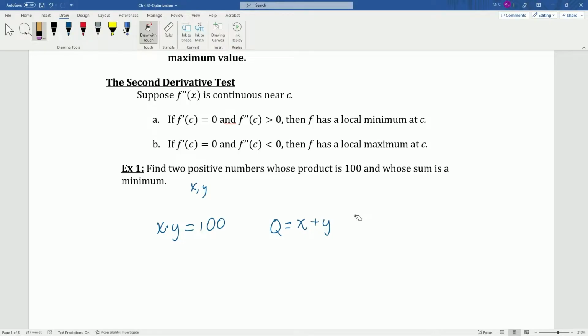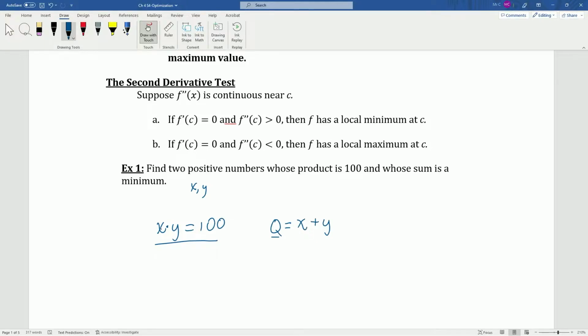So the first thing I need to do is get the quantity that I want to minimize in terms of one variable. I'm going to do that by substituting y with a function of x, and that's where this constraint comes from. When we're looking at these optimization problems, you're always going to have some kind of constraint in place.